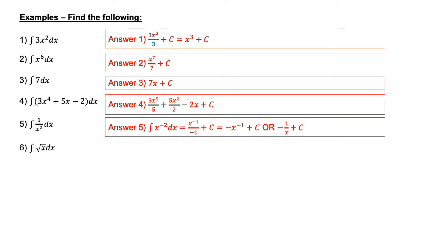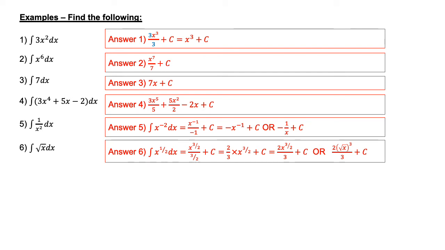Now I've got the root of x. Again, I've got to change it to a power. So we know that the square root is the same as to the power of a half. And then exactly the same method is used. So a half add 1 is 3 over 2. So then I've got to divide by 3 over 2.